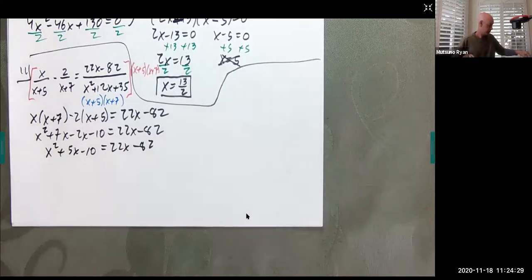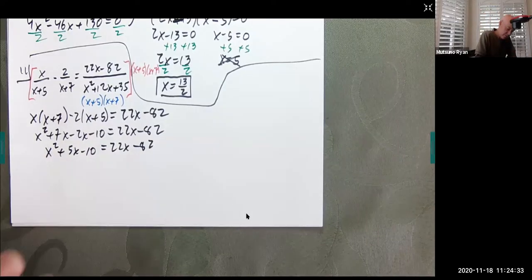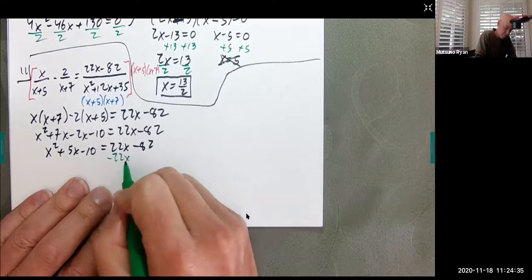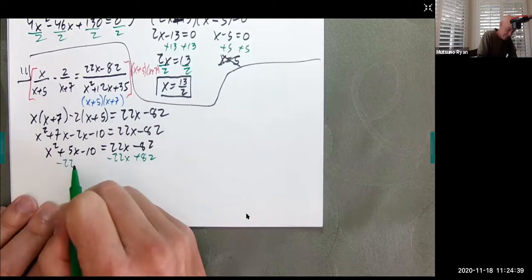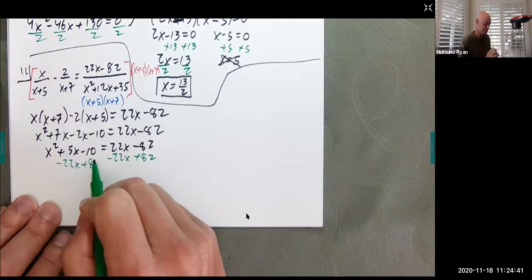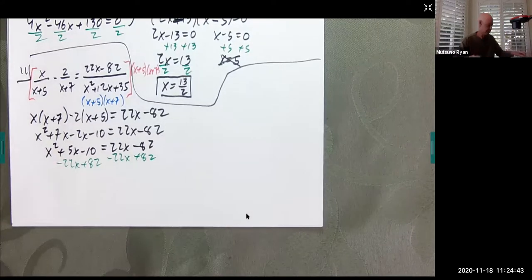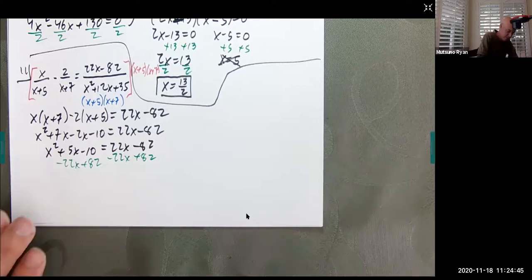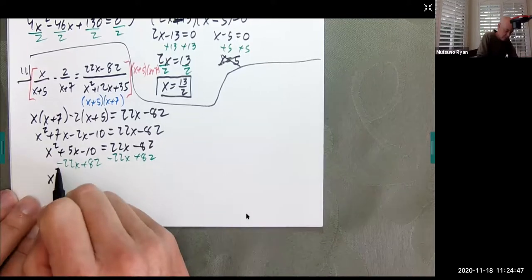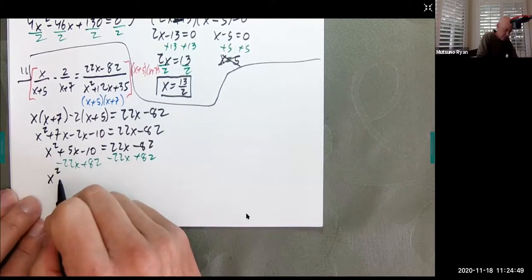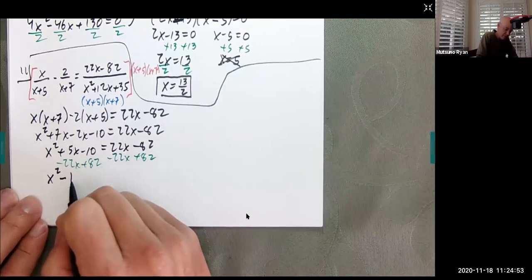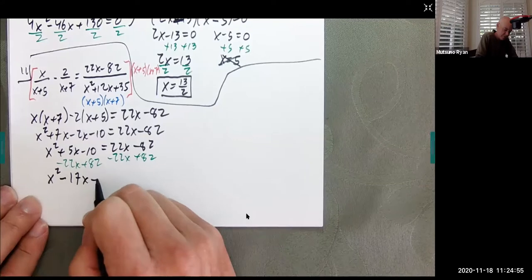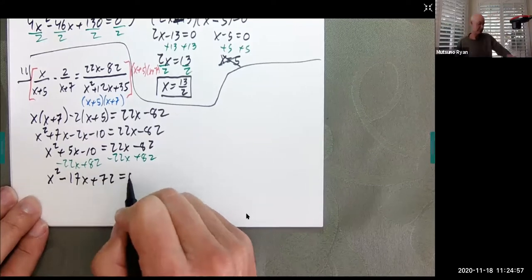I'll note that I have a quadratic, with the whole thing equal to 0. Minus, that's going to be 17x plus 72 equals 0.